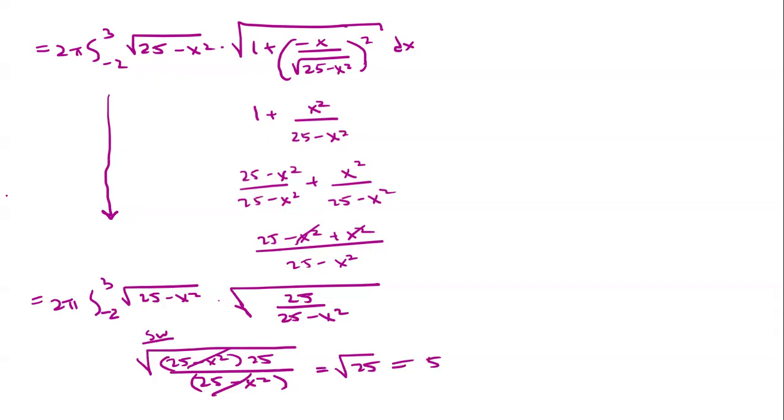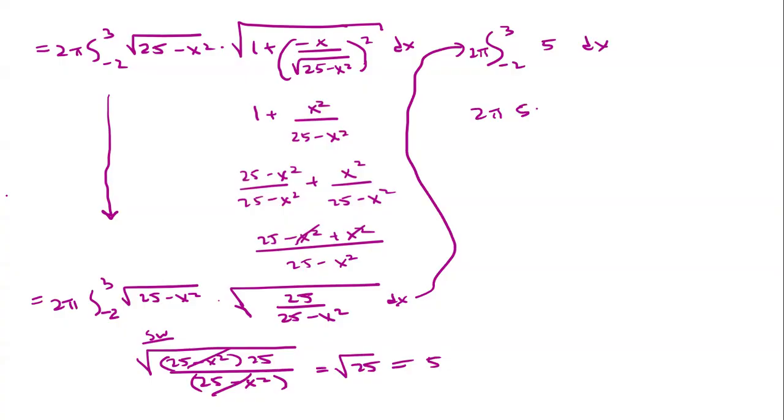Now we have the integral, with the 2 pi still in the front, from -2 to 3, and all of this now just becomes 5. Of course, don't forget the dx here. So we have 5 dx, and now we can integrate this. This becomes 2 pi times 5x, going from -2 to +3.